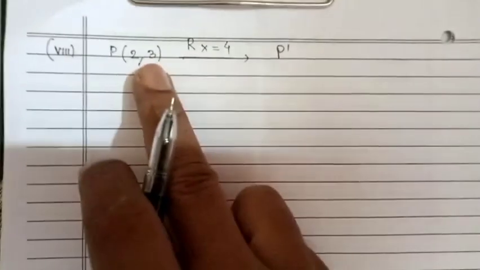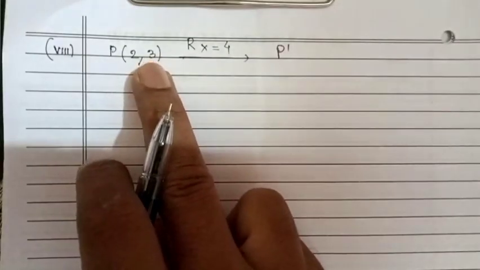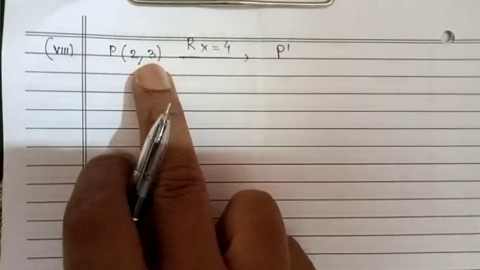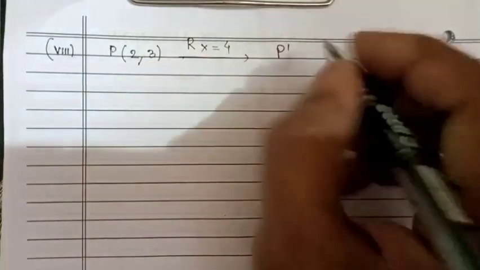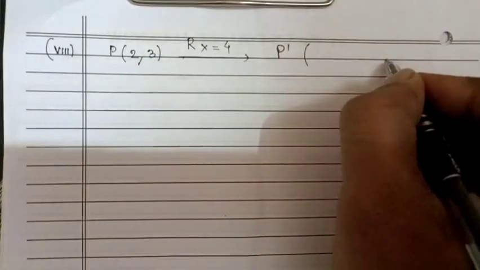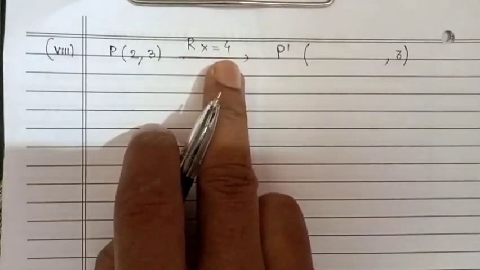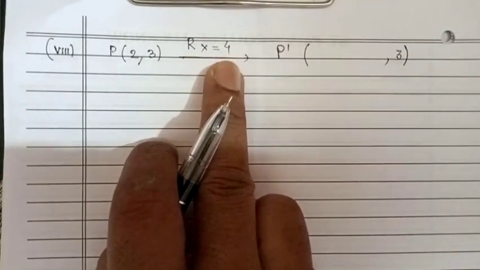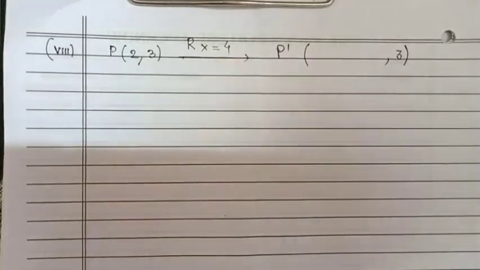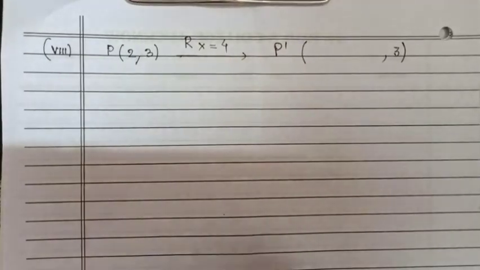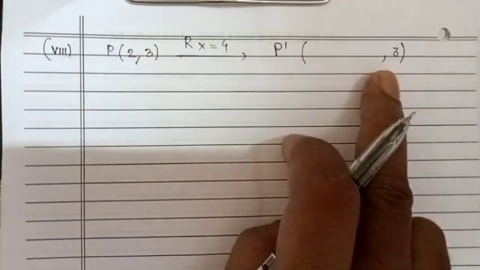So here the reflection line is parallel to y-axis. That means there will be no change in the y coordinate. So y coordinate will remain as it is. No change. Why? Because line x is equal to 4 is parallel to y-axis, so no change in y coordinate.